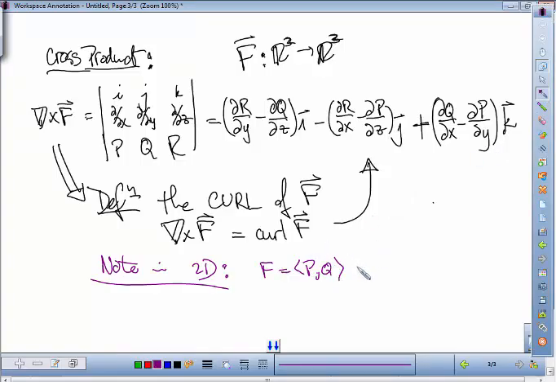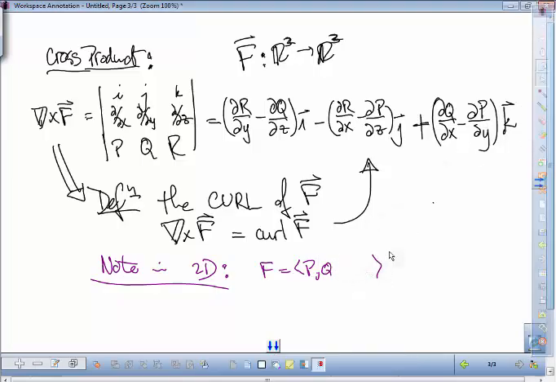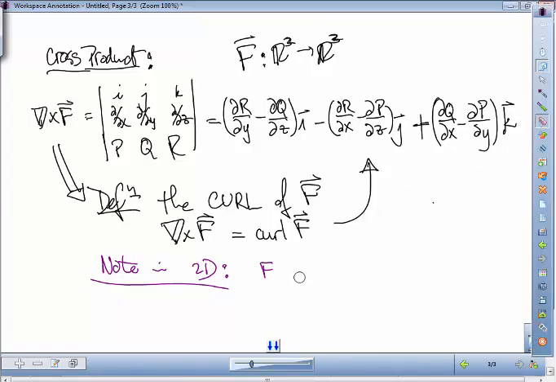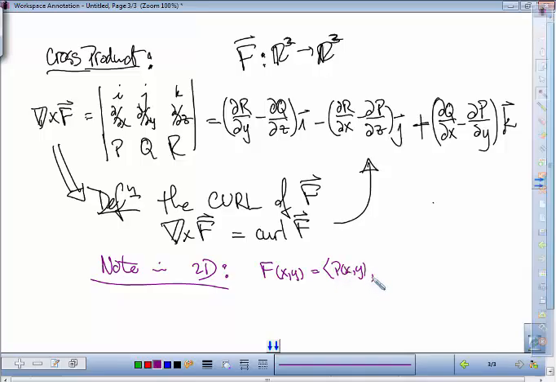These are functions of x and y. So let me rewrite that. I'll make a point a little bit later on when we do the cross product. We'll see that there's no z's in here. So if you think about taking the derivative with respect to z, it'll just disappear.